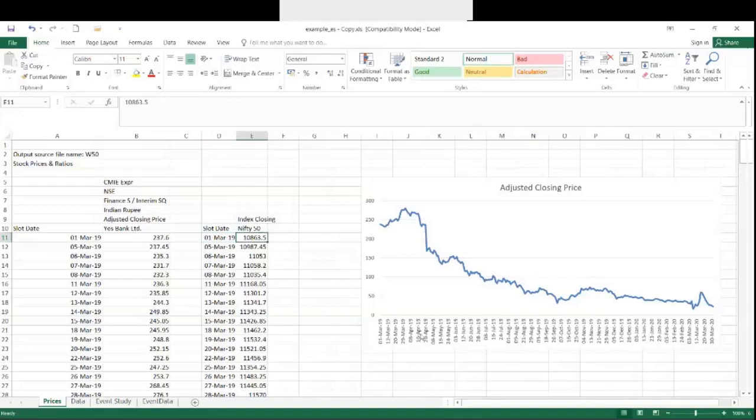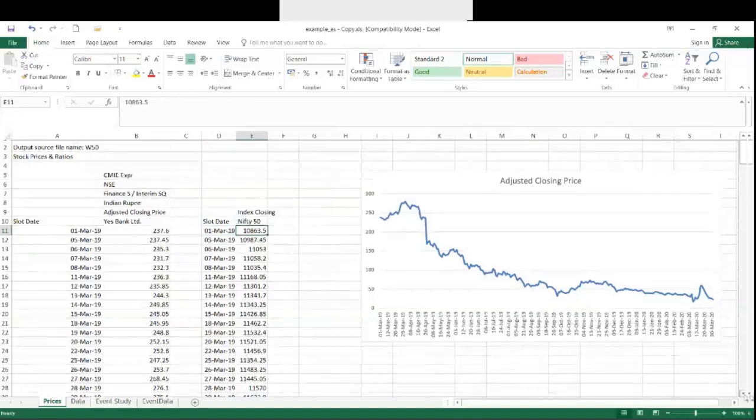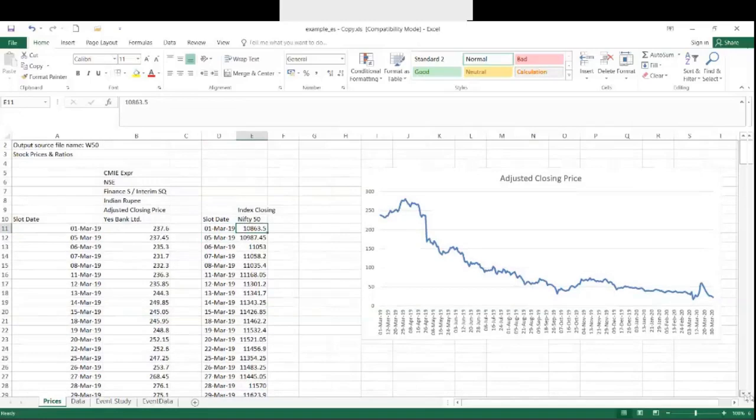Now, just for the sake of understanding how the stock prices have moved over a period of time for Yes Bank, I've plotted it. You can see a classic fall. Yes Bank picked up quite nicely when it started being a private bank, and its performance was outstanding.